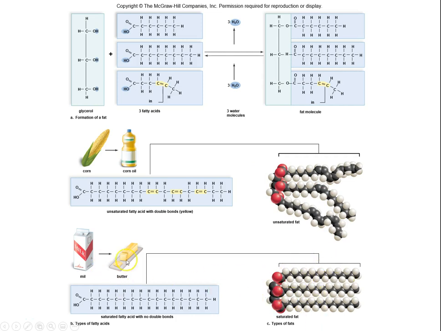Saturated fat, solid at room temperature. Unsaturated fat, lots of space, double bonds, liquid at room temperature. Okay, we should be able to tell the difference between these. I would never ask you to name this fatty acid, but if I showed you this and asked you if it's unsaturated versus saturated, we should be able to answer that question. Okay.